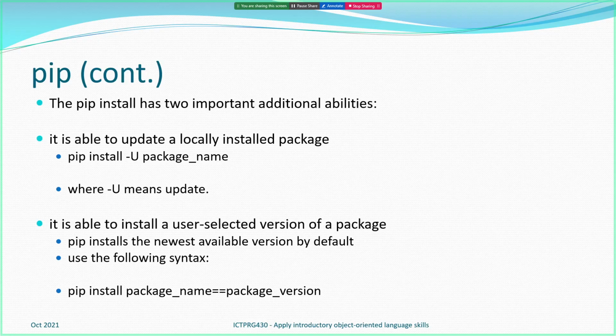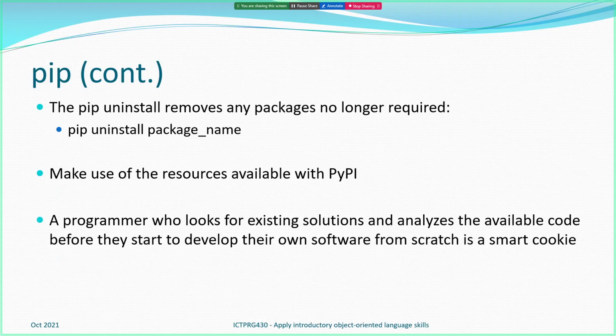That way it'll install that particular version of the package rather than the most current. Uninstall removes packages from your system. Pip uninstall and the package name that you want to remove.